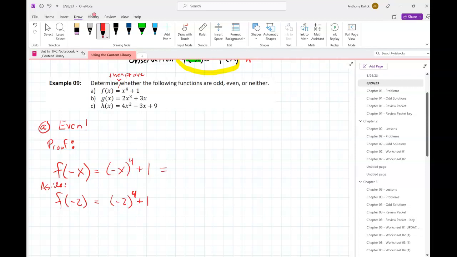Negative x, 4 times. That's just what negative x to the fourth power means. So when I multiply 4 negatives together, what do I get? A positive. And if I multiply 4 x's together, I get x to the fourth. So I have positive x to the fourth.